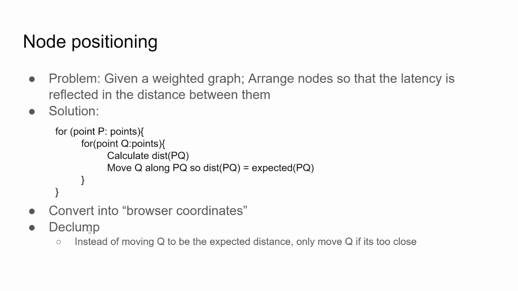Neither here nor there, I just converted it, and then I declump the points. Sometimes they have really low latency between them, which is fine, but it doesn't look good if they're 1 pixel apart and overlapping terribly. So I do the exact same algorithm, but instead of making sure the distance PQ equals latency, I say there's a minimum distance, and if you're too close, declump.